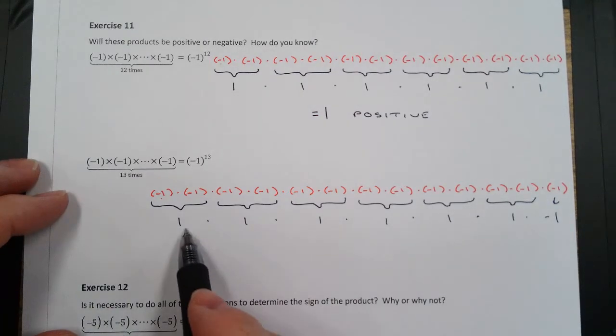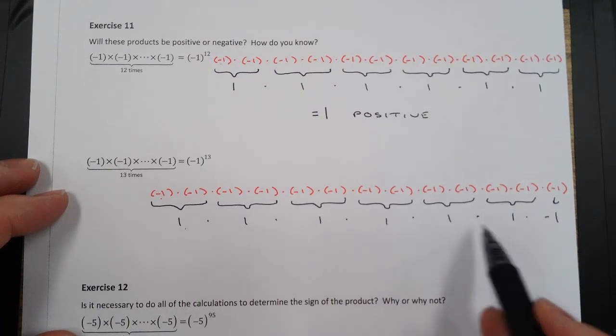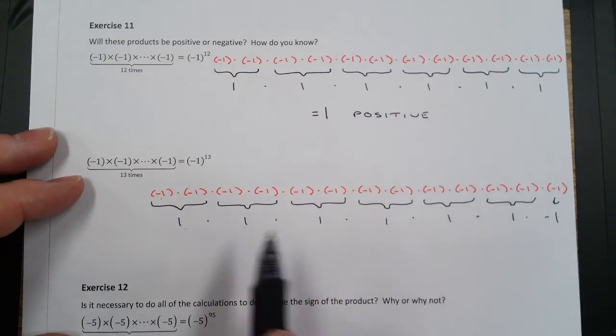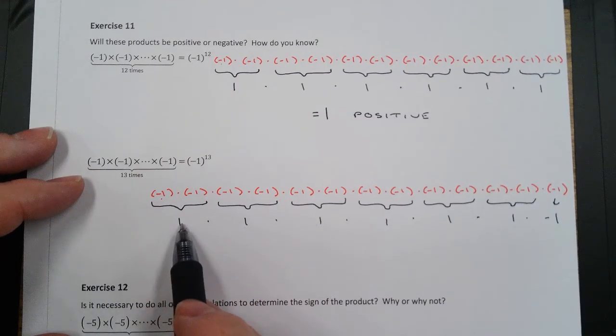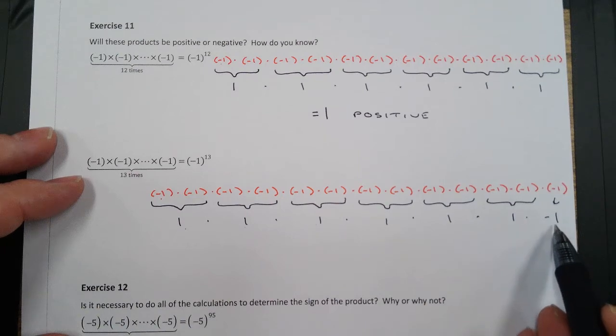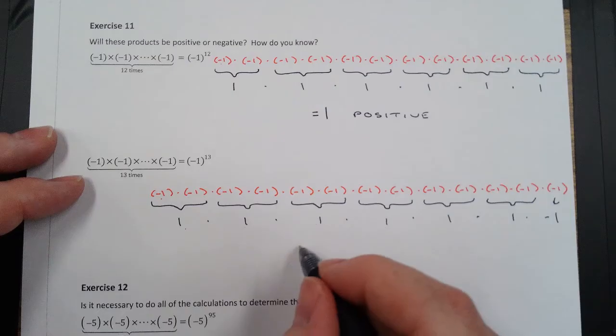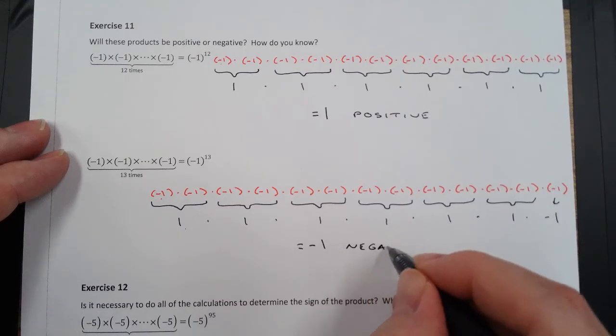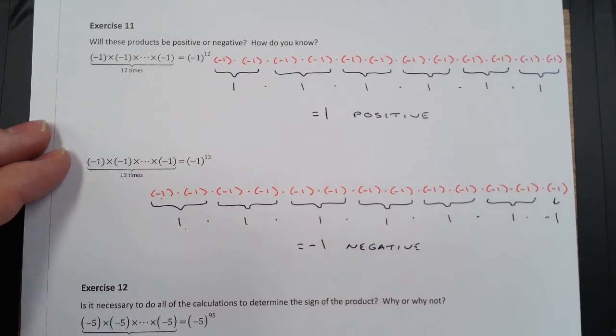So we do 1 times 1 times 1 times 1 times 1 times 1. Uh-oh, there's one extra -1 that did not get paired up. When we paired them up, all of these turn into 1s. This one did not have a partner, so this one changes all of these to be -1. So this answer is negative.